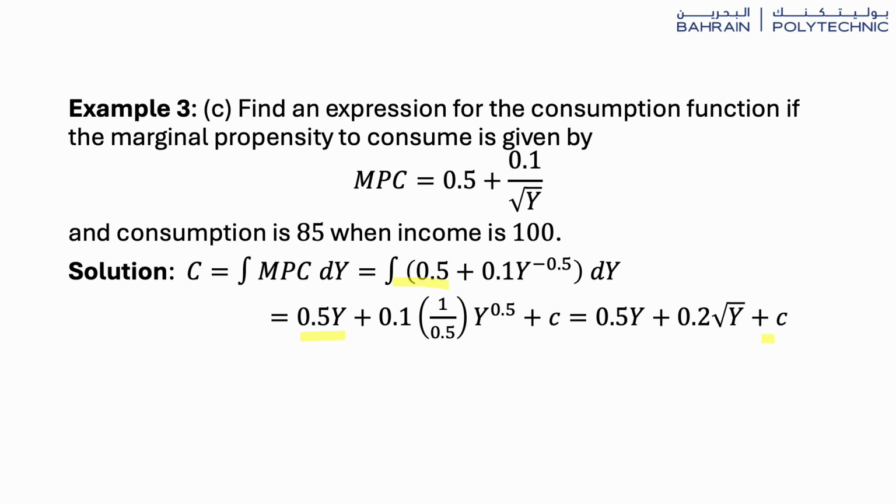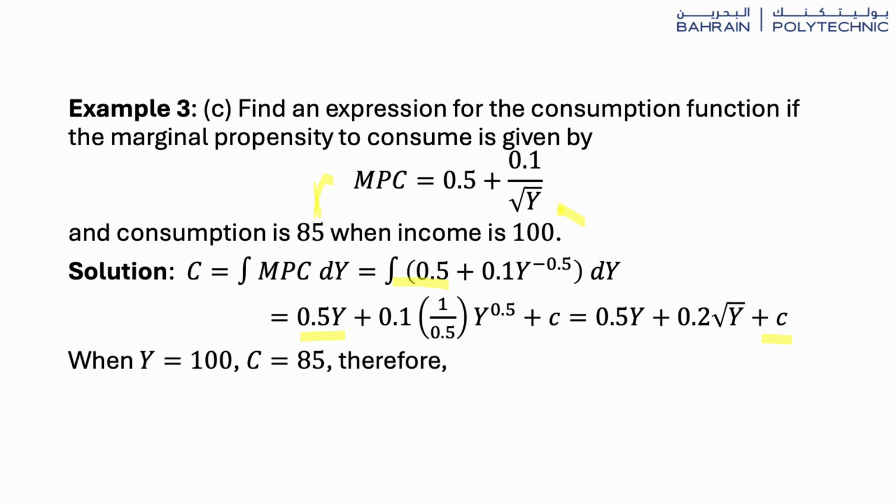To calculate c, we have the given consumption function, capital C, which is 85 when the income y is 100. So we have to substitute in our formula with these.